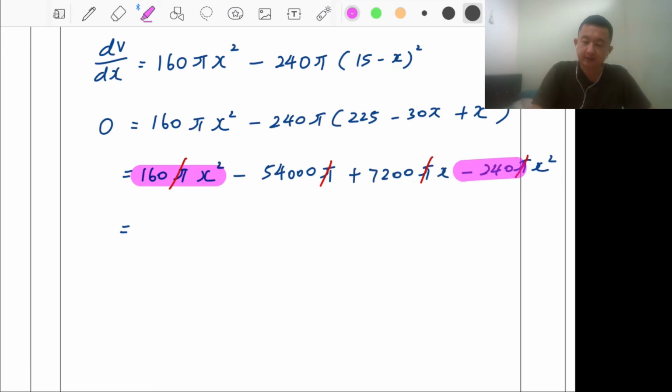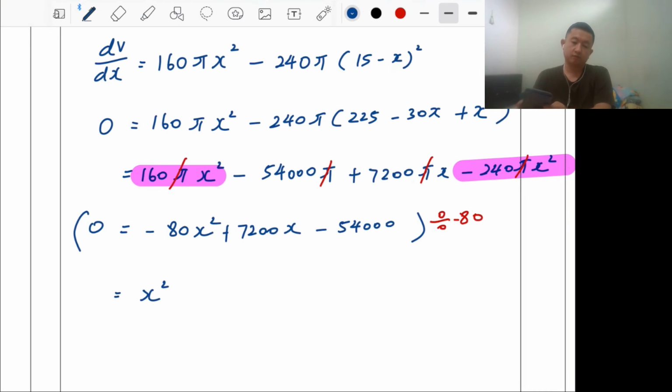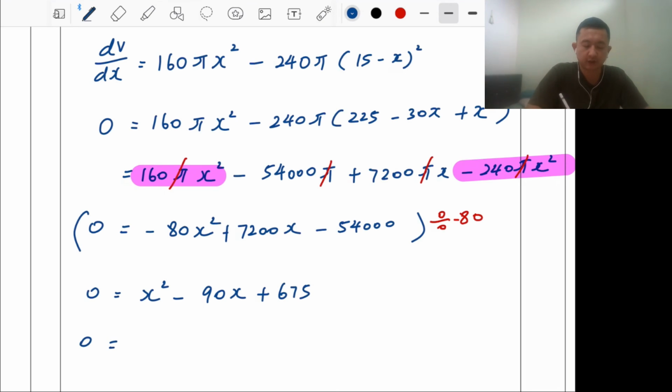Collect the like terms. Simplify it. Okay, solve using your calculator.